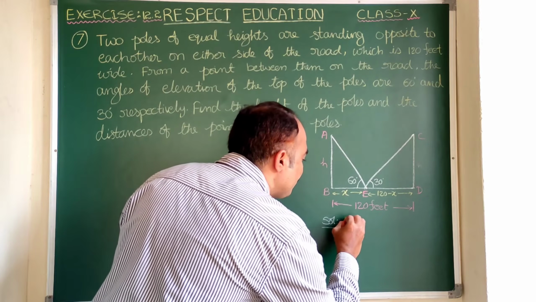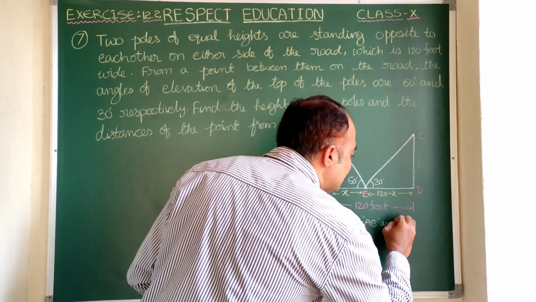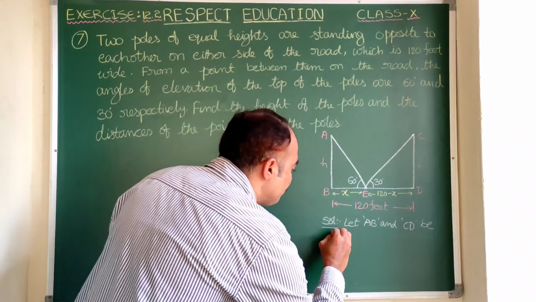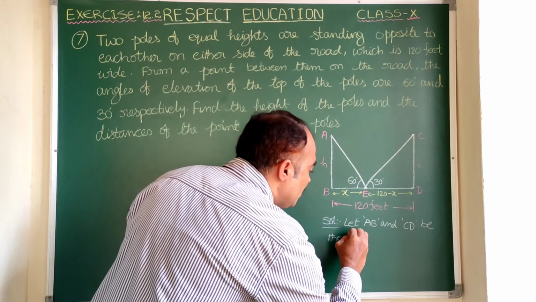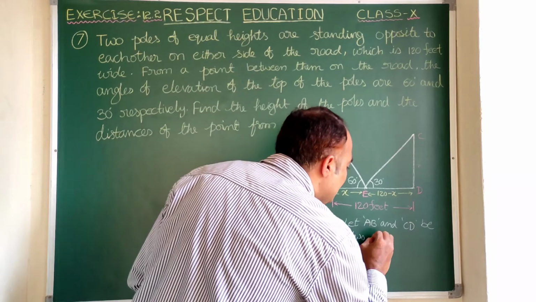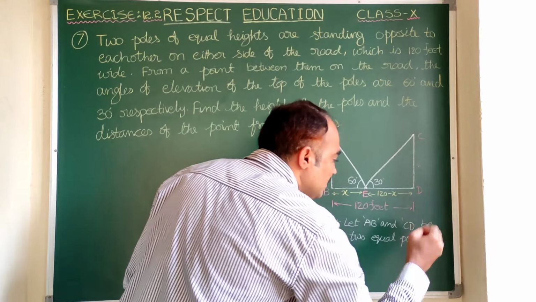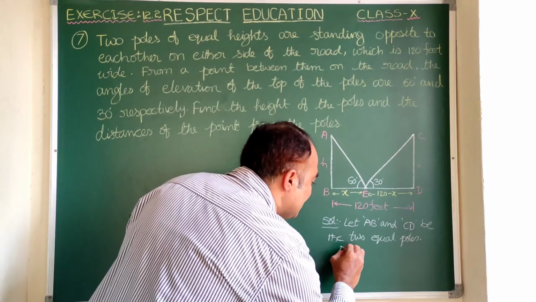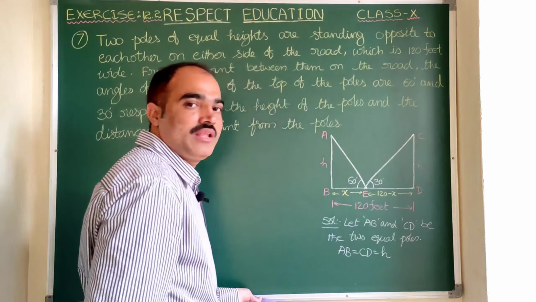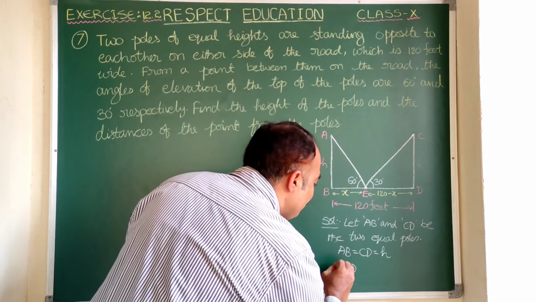Let AB and CD be the two equal poles, or two poles of equal height. Let us consider their height as H. So AB is equal to CD is equal to H. Now here BD be the road.